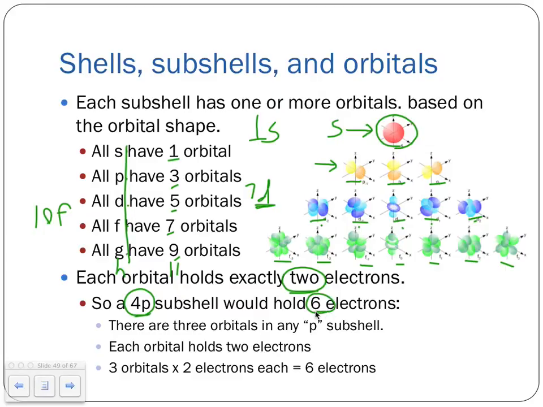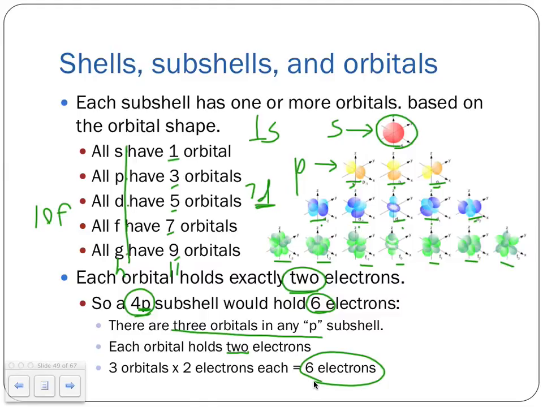How do we know that? Well, we first look at the subshell type. It's a p, right? How many orbitals are in a p? It has 1, 2, 3 orbitals. So there are 3 orbitals in any p subshell. We know that's true. Each orbital holds 2 electrons, and so 3 orbitals times 2 electrons each gives us 6.